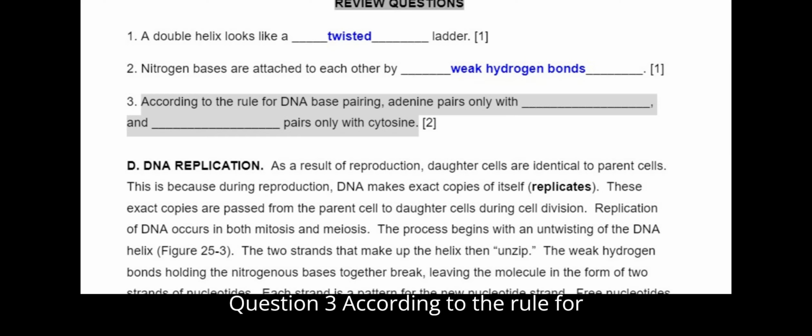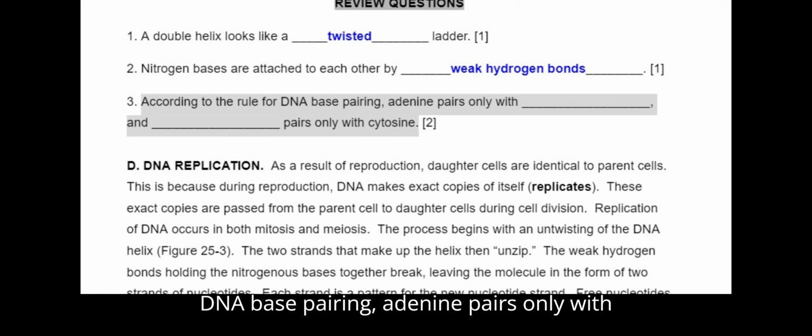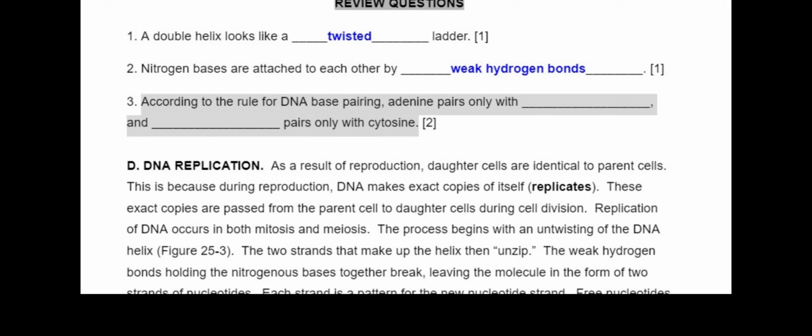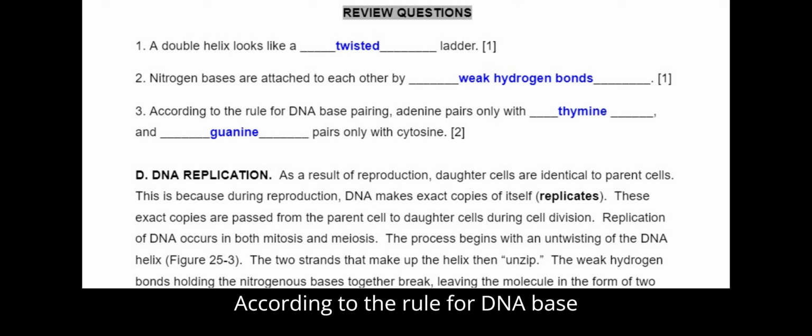Question 3. According to the rule for DNA base pairing, adenine pairs only with blank, and blank pairs only with cytosine. According to the rule for DNA base pairing, adenine pairs only with thymine, and guanine pairs only with cytosine.